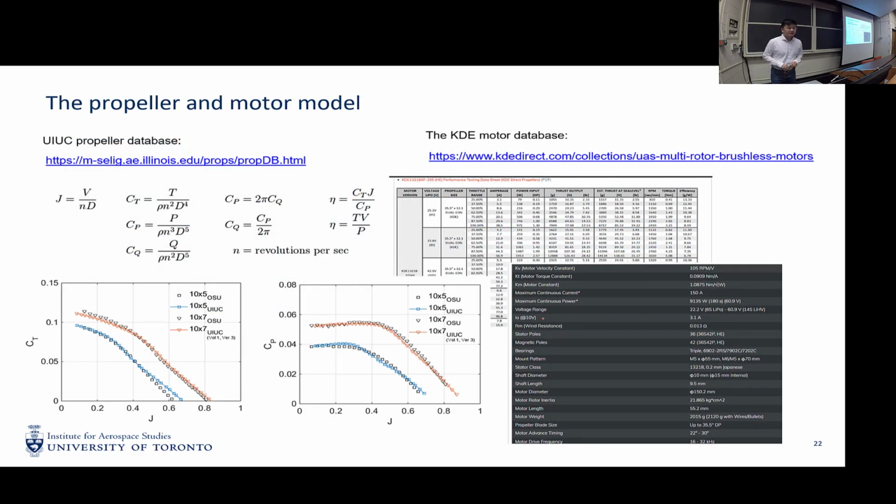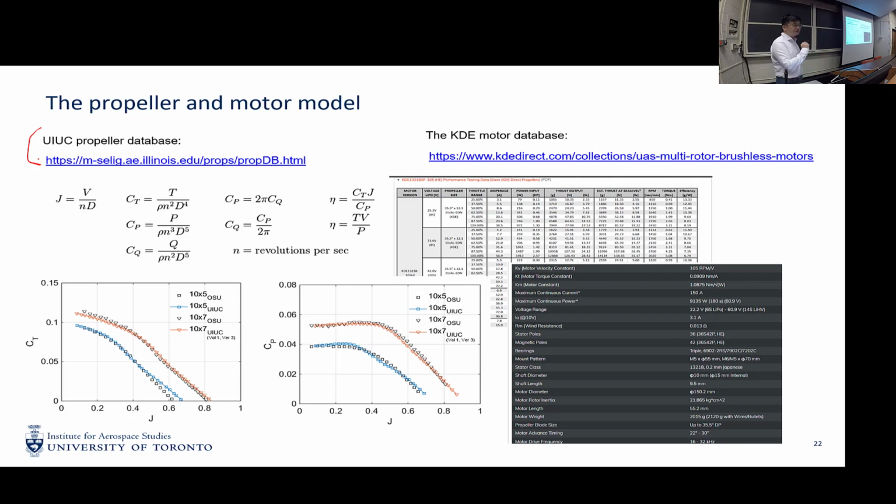I think the Professor has already covered a part of this, right? In order to do the propeller modeling and motor modeling, typically we use the so-called UIUC database. Is everybody familiar with the database? Good.